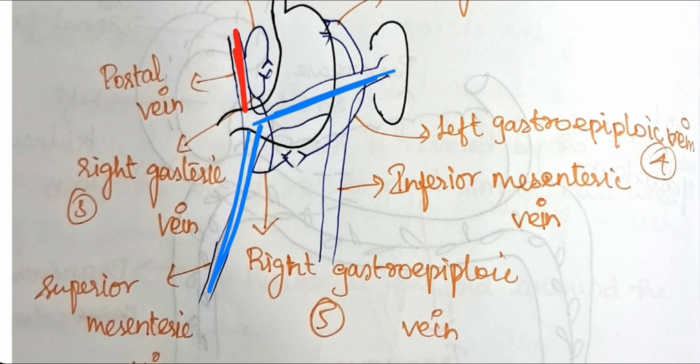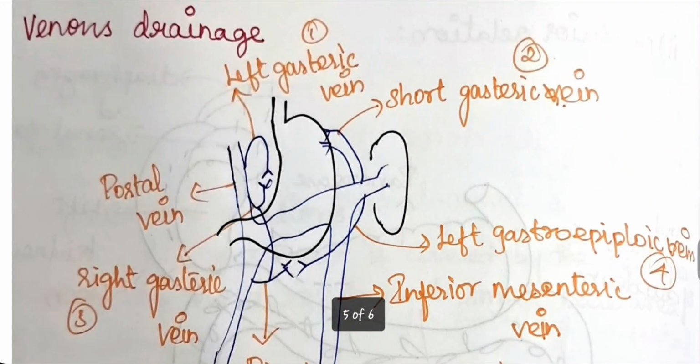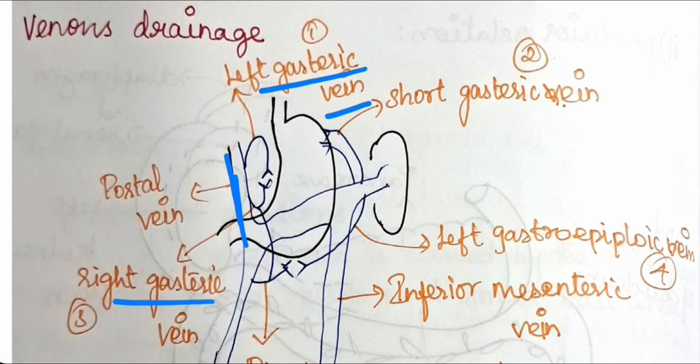But what are the veins which drain the blood from the stomach? First is the left gastric vein, a direct branch of the portal vein. And the right gastric vein, again a direct branch of the portal vein.